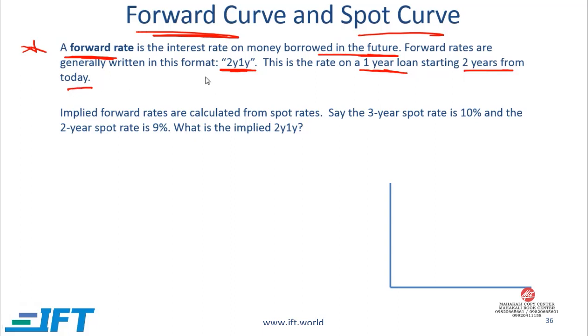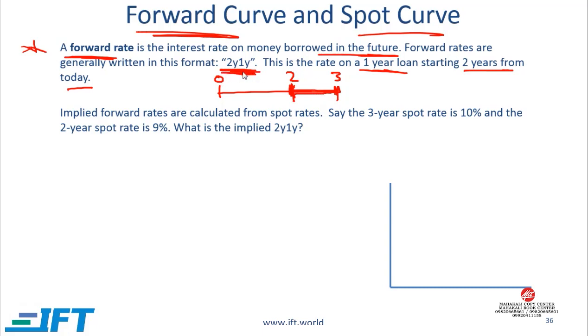What does that mean? Let's say that you are at time 0 over here, and you know that you will need money at the end of year 2, and you will need that money for a 1-year period. You are not going to borrow today, but you might say to the bank that you will need this money after 2 years for a 1-year period.